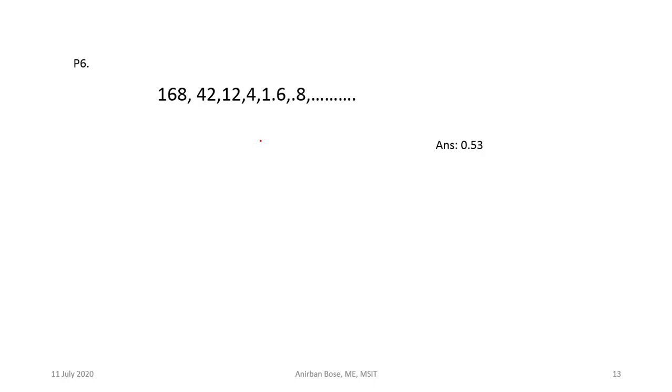Now see this problem, which is problem number 6. So here you see again, this is a series where it is decreasing and then increasing.